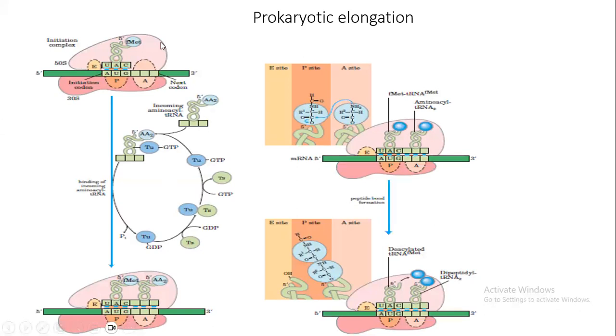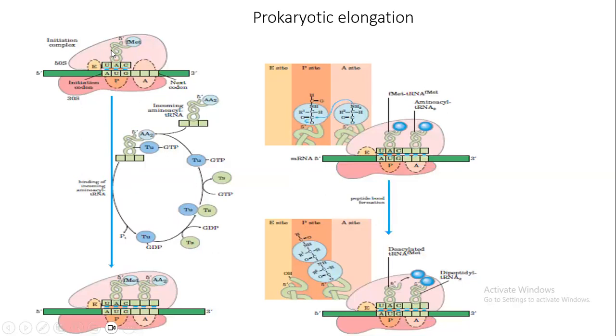So, how does the elongation process continue? It requires the functional 70S ribosome forming the initiation complex that contains the messenger RNA precisely present such that the AUG codon is at the ribosomal P site.